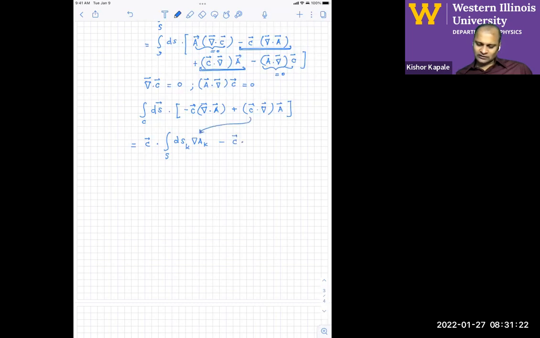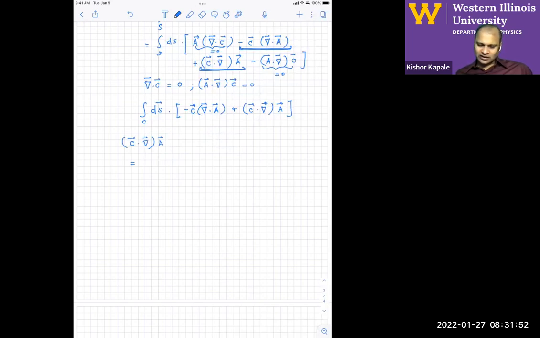It's C dotted with, so C dotted is taken out. Then you have ds, but ds is dotted with the gradient operator applied to A k. So let's actually take some time and simplify this, right? If I jump directly, it's going to be a little tricky to explain. So let's take a look at the form of this term. If you want to help me, you can feel free to help me. So this is how this is going to look like.